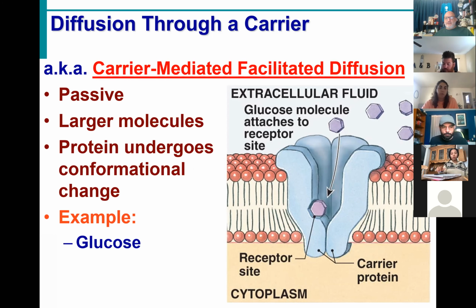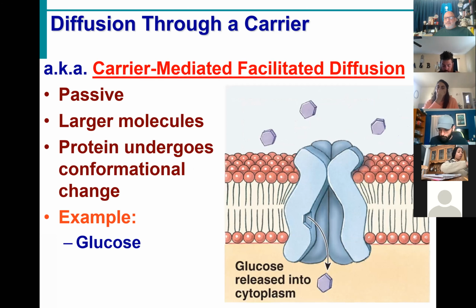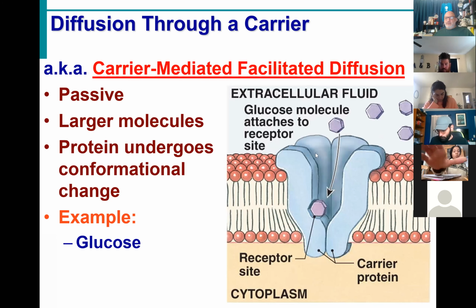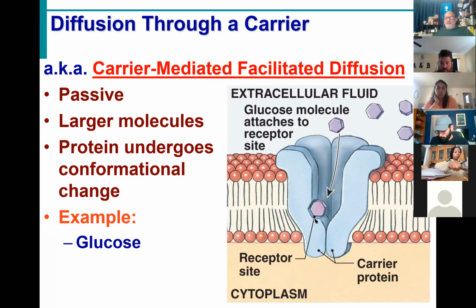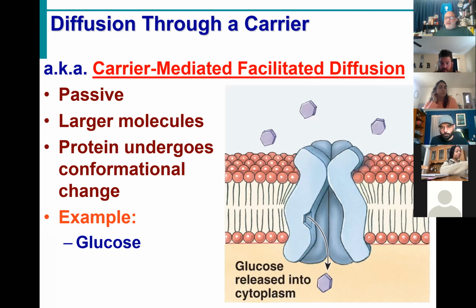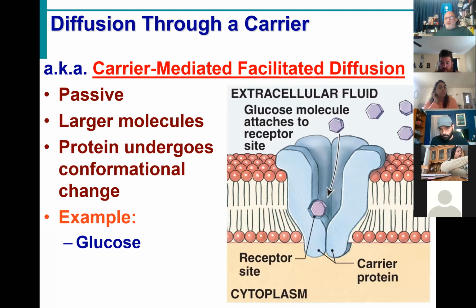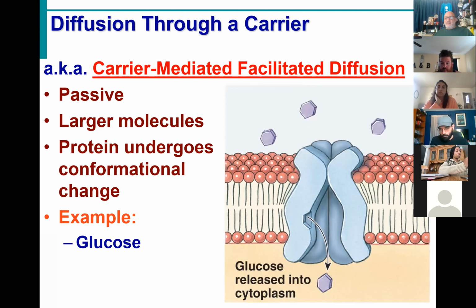Changes shape, absolutely. And when it changes shape, it opens at the bottom and closes at the top, allowing the glucose to come in. And then as we mentioned, once the glucose lets go, it goes back to its original shape and a new one binds and it brings it in. And a new one, and back and forth, letting the glucose into the cell, but just using the energy of the glucose, not using any ATP.